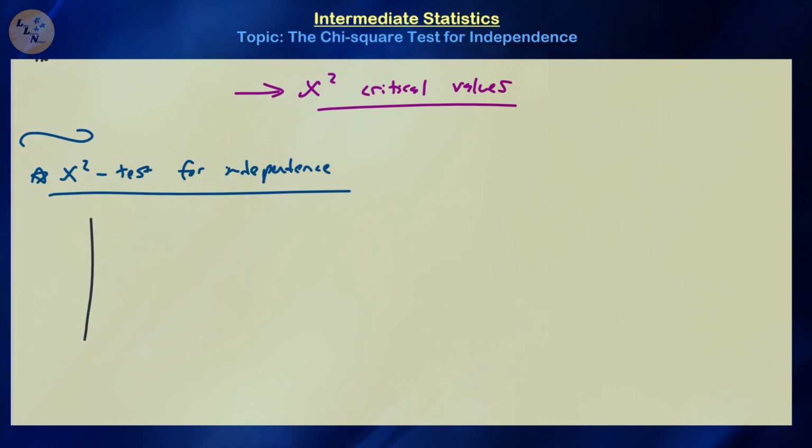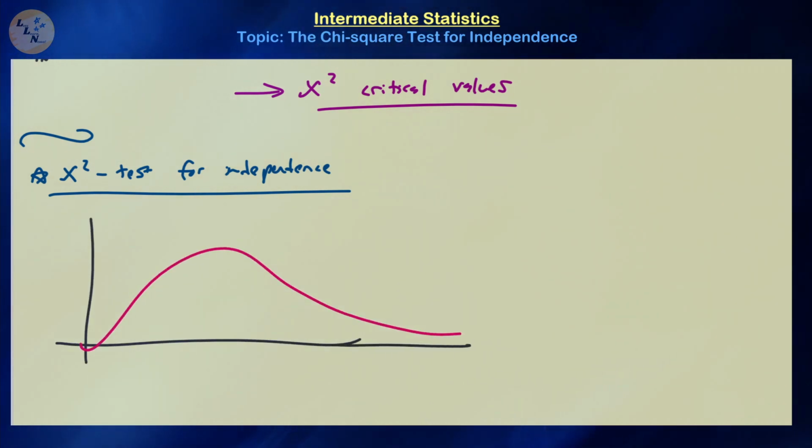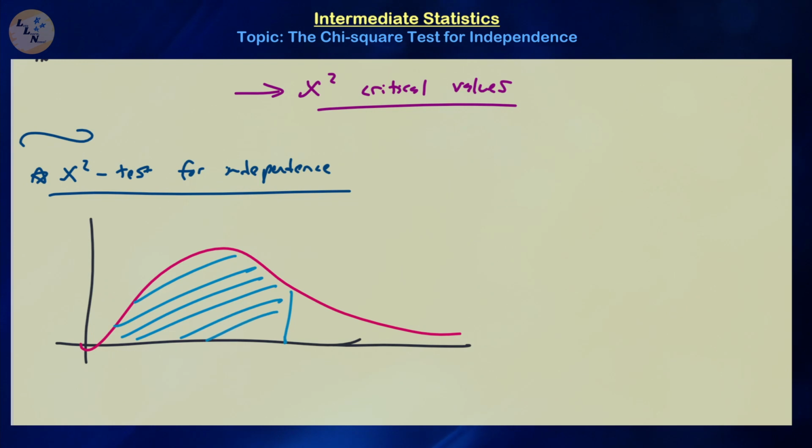So what does the chi-square distribution look like? So let's just take a quick moment to remember that. So that's our skewed right distribution, which is generated from a sum of squared standard normal random variables. And remember that this critical value is what we need to figure out, right? So that's our chi-squared critical value. And this should be some level of confidence C, and this is our alpha region over here, right?